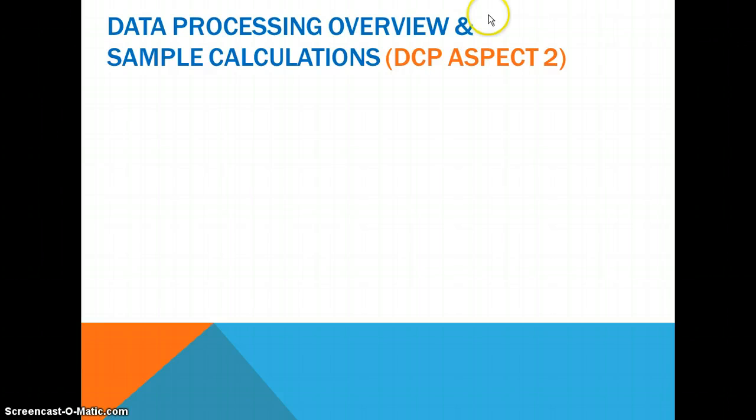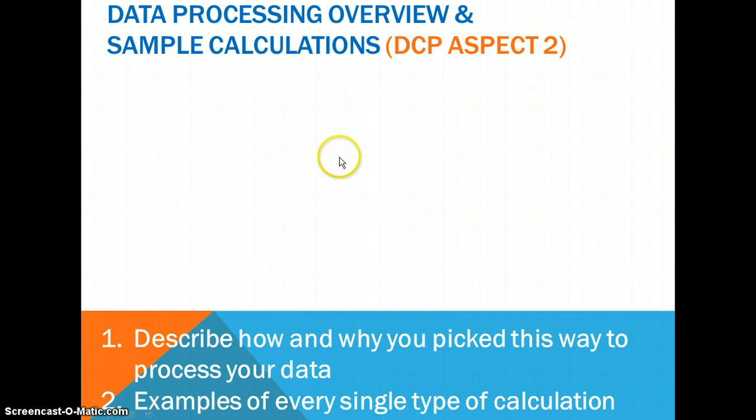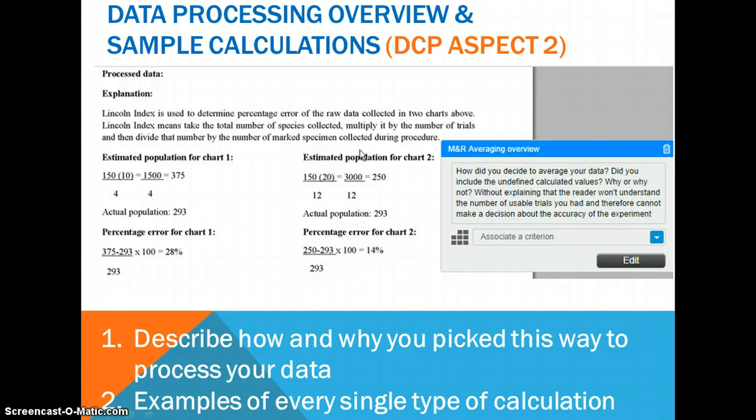Next section, aspect 2 of the DCP, all about data processing, which is usually an overview and the sample calculations. Here is what my expectations are down below. Here's an example. This is straight off of Turnitin.com, so it's a real student example, and here's my Turnitin.com feedback to this person.